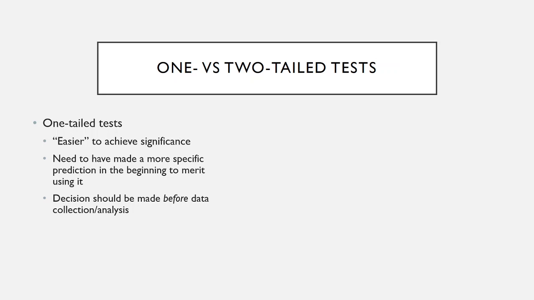You need to have a specific prediction in advance that merits the use of a one-tailed test. You need to make a directional prediction in advance to ethically be able to use a one-tailed test. Additionally, you need to keep yourself honest and hold yourself to the standards of the one-tailed test. The reason one versus two-tailed tests are both able to keep that critical probability value consistent is that if you use a one-tailed test, technically you should not accept as significant results on the opposite end of the spectrum where you did not predict to find results that would support your alternative hypothesis.